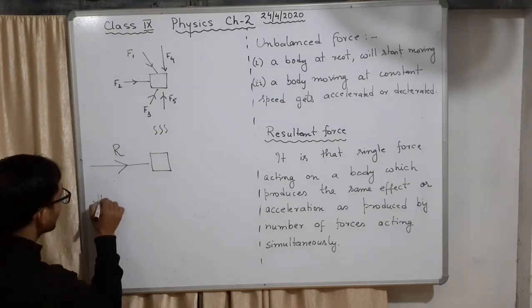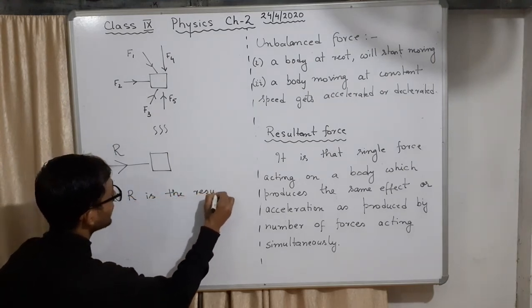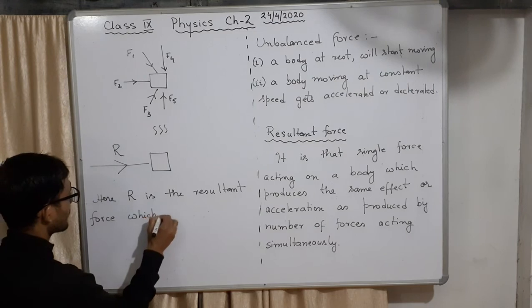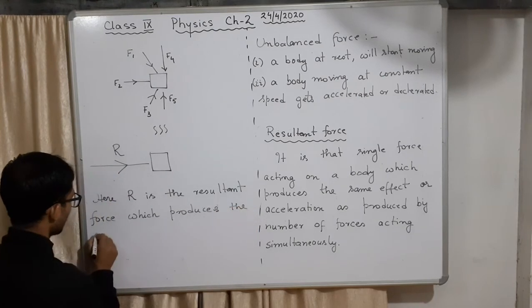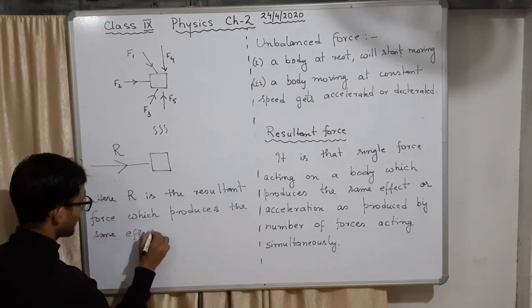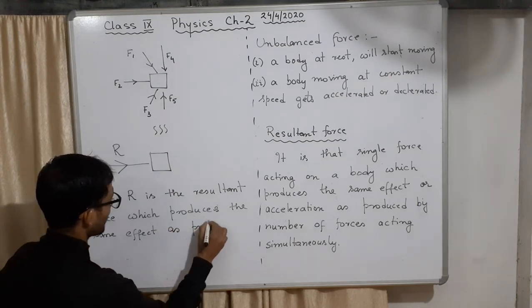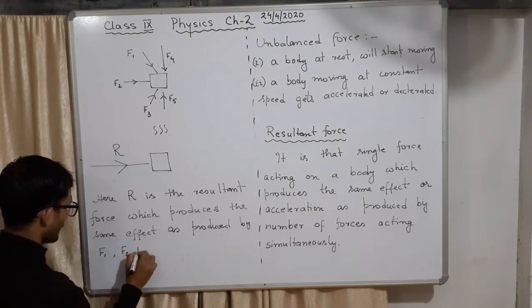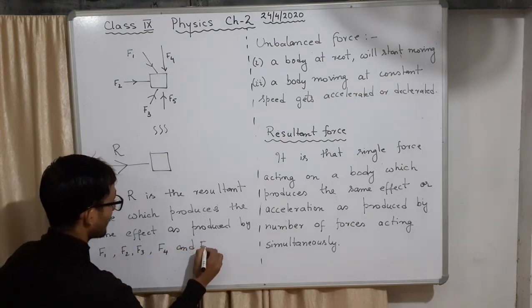This is called R, the resultant force, which produces the same effect as produced by F1, F2, F3, F4 and F5 together.